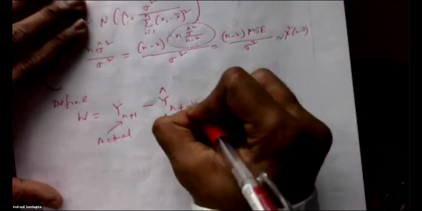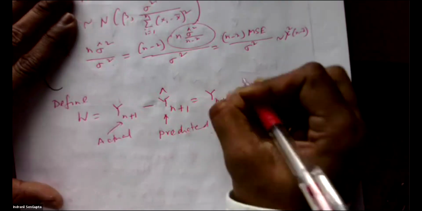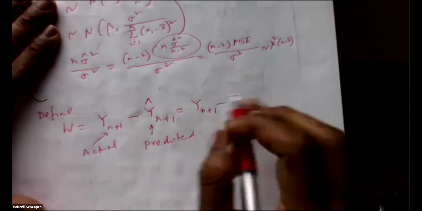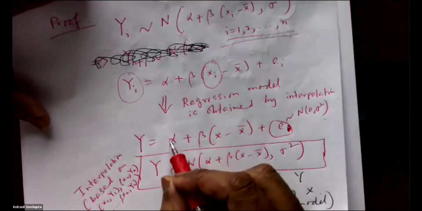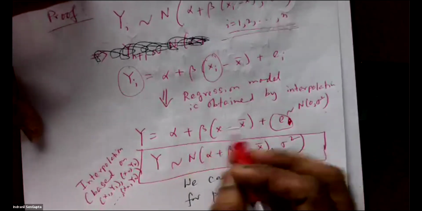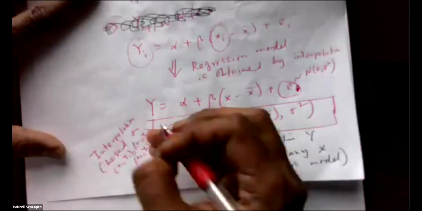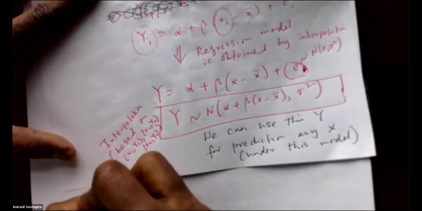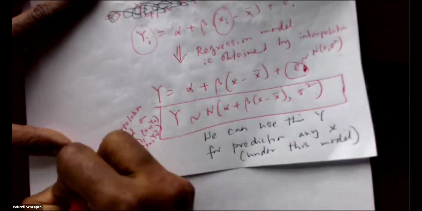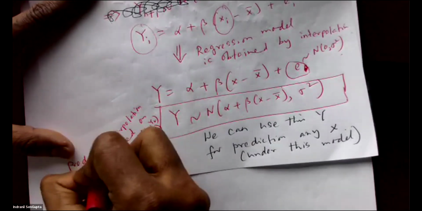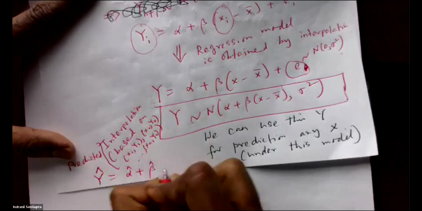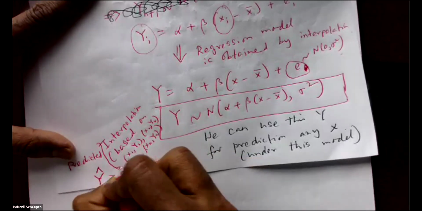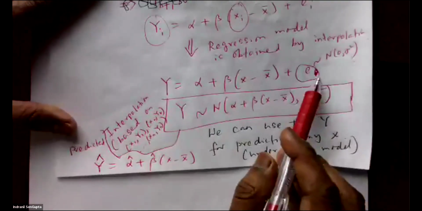So this is going to be y of n plus 1 minus the prediction. How do you predict this? When you do the prediction, you just use the maximum likelihood estimator. So the predicted value y hat can be alpha hat plus beta hat (x minus x bar). We have no control over the error, so we don't touch it.